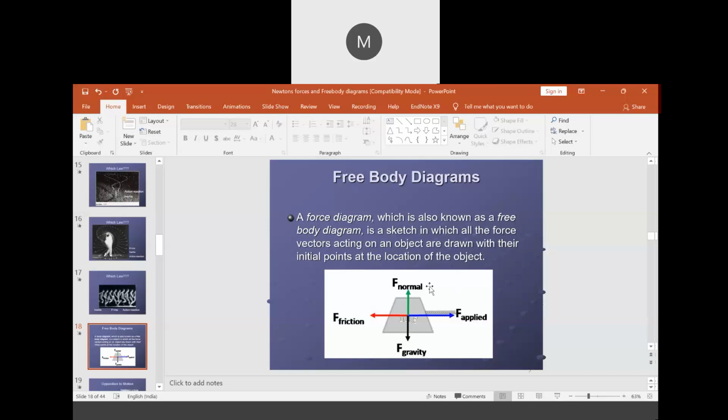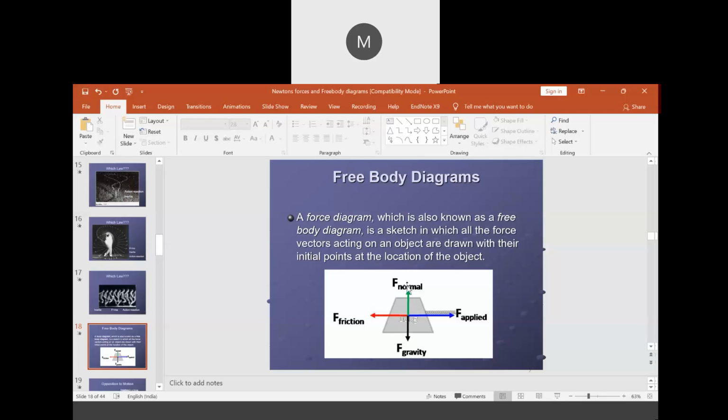Suppose this is a body. In this body, the gravitational force is acting downwards. And the normal force: always remember the normal force is perpendicular and it is acting directly upwards.